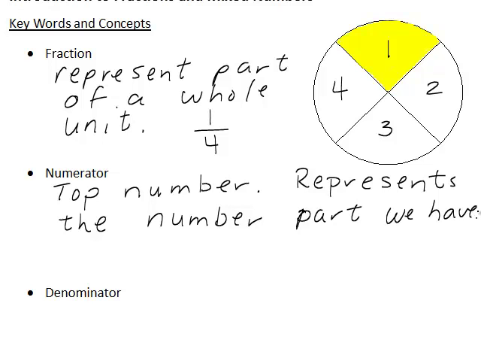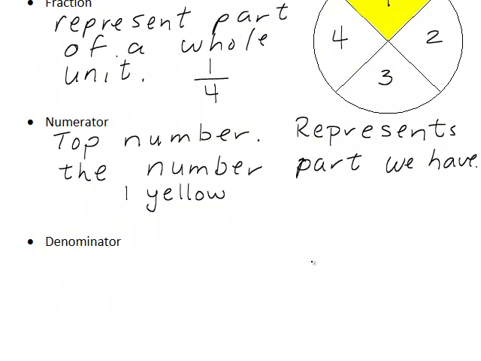All right, so in our yellow, there's one piece of yellow. That's how many yellows we have, and that represents the numerator. The denominator represents the bottom number, or how many pieces we've cut the whole into.